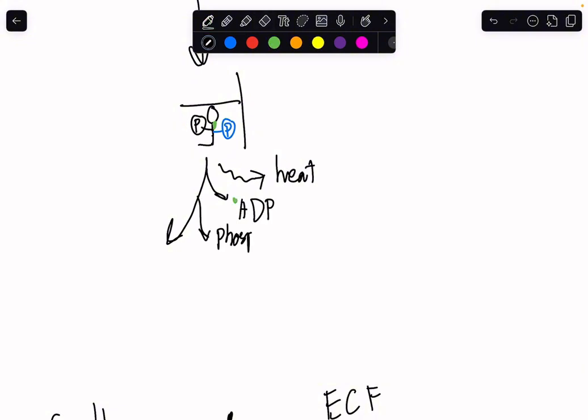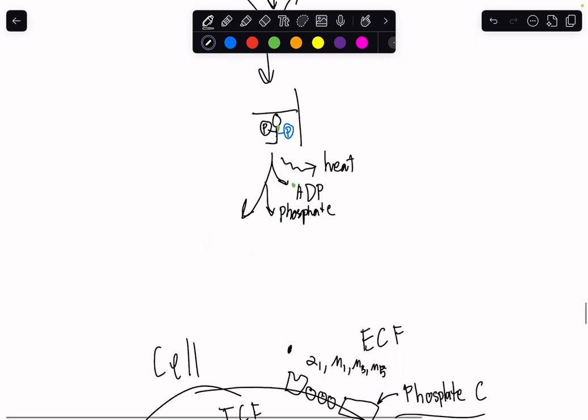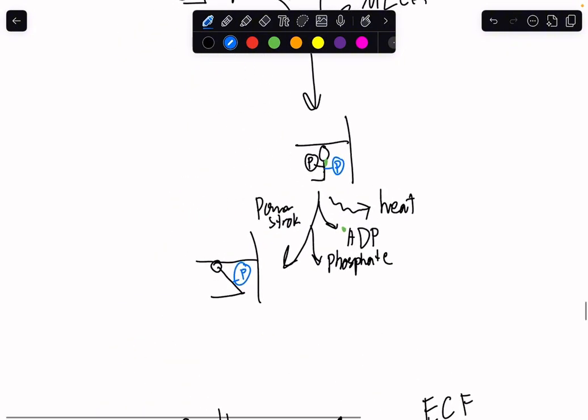But it's going to keep this blue phosphate here that MLCK gave it. But it's still going to have a conformational change, but it'll stay connected. So there's our power stroke. It'll stay connected here, like that. But then something can happen here.